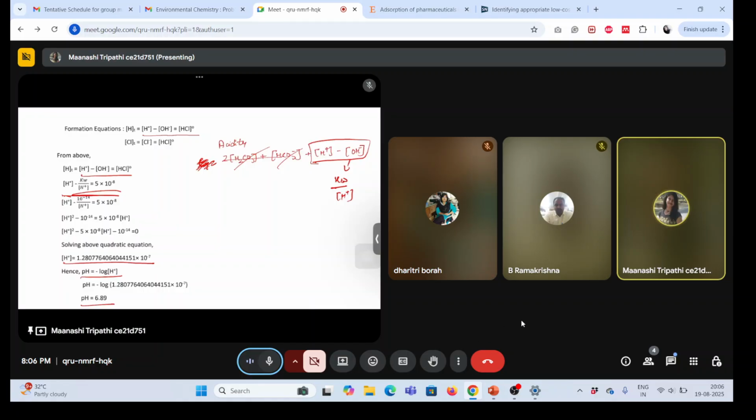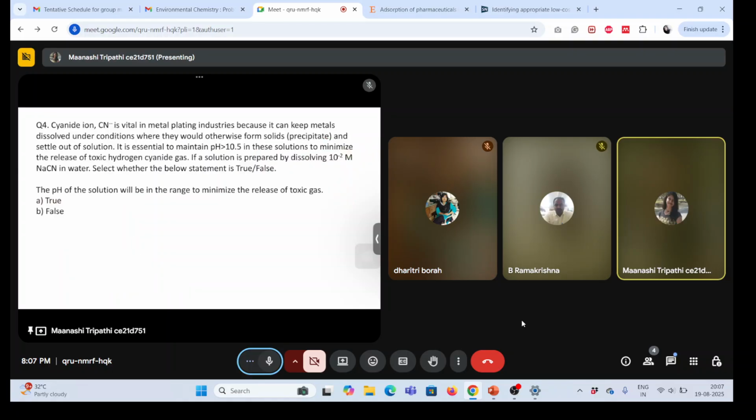Try to solve this question. You need to solve the whole question, then you will get if it is true or false.